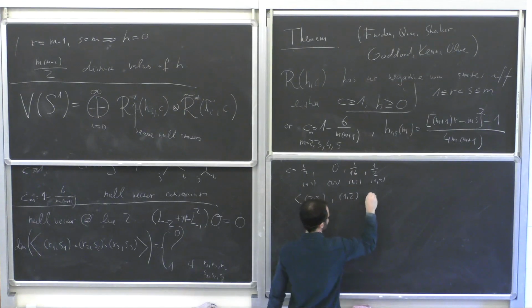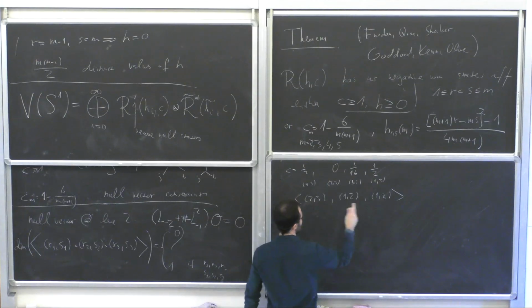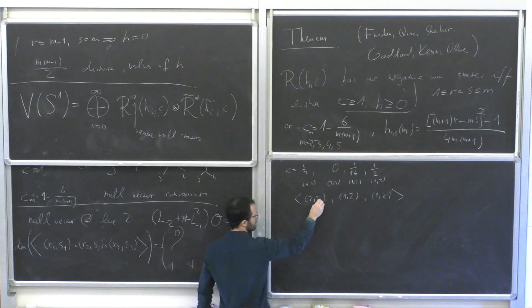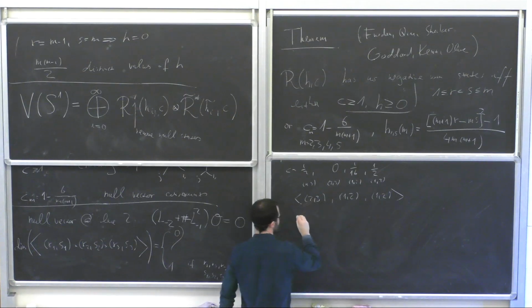That's just a statement that the 2-point function is diagonal. So (2,3) is identity.